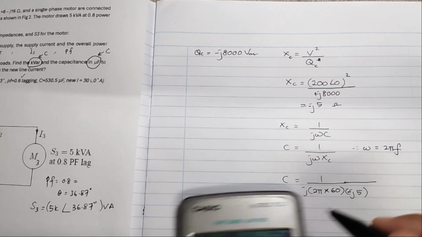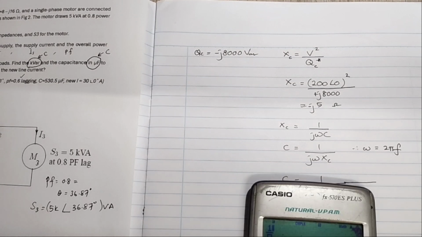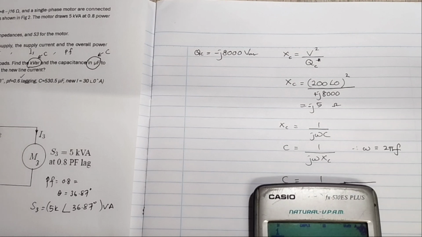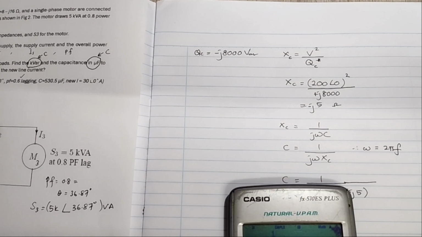Minus. So, try masukkan calculator. 1 tambah dengan 2 pi times 60. Saya letak I di sini. I kat depan tu kan. Darab, maksud darab balik minus 5i.